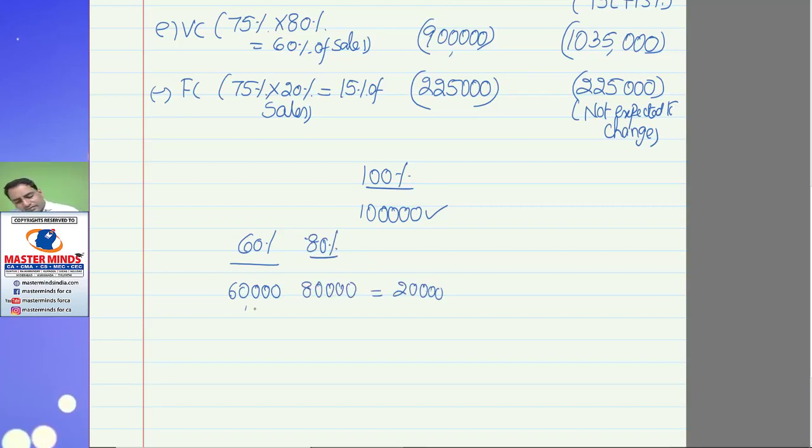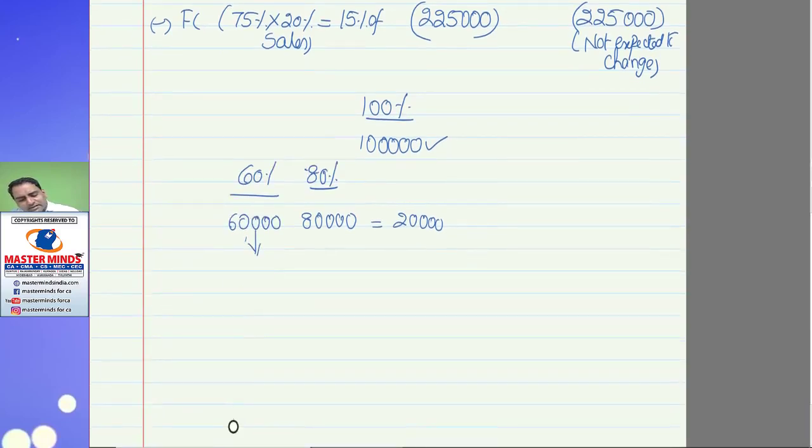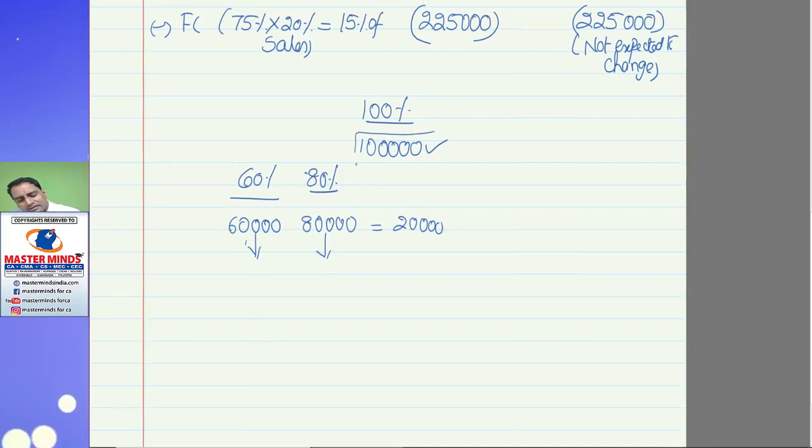See, the fixed cost which was lying at 60,000 units is the fixed cost at 80,000 units, because I am not exceeding the full capacity, that is 1 lakh units. Up to 1 lakh units, whatever fixed cost was there, the same fixed cost will continue, because fixed cost is related to capacity, not related to activity or production.